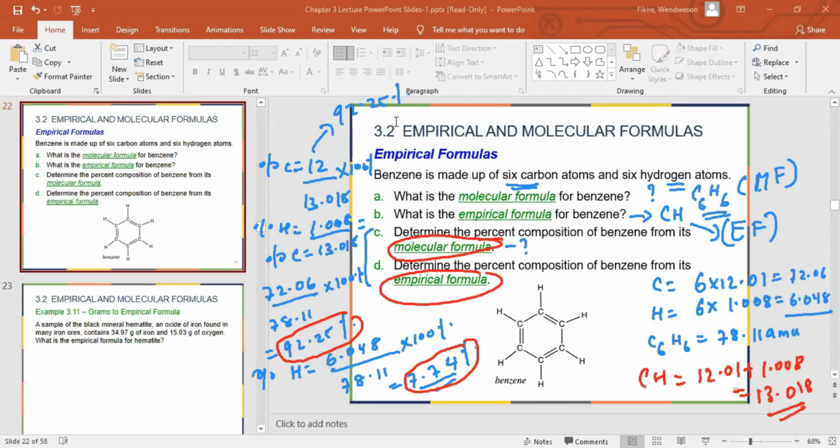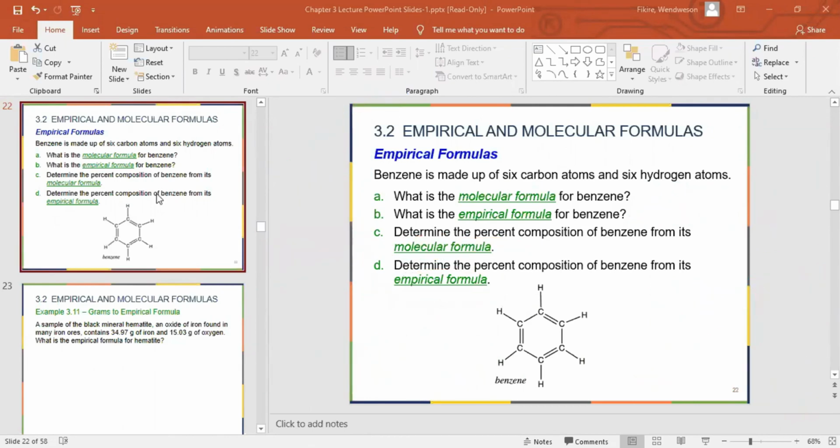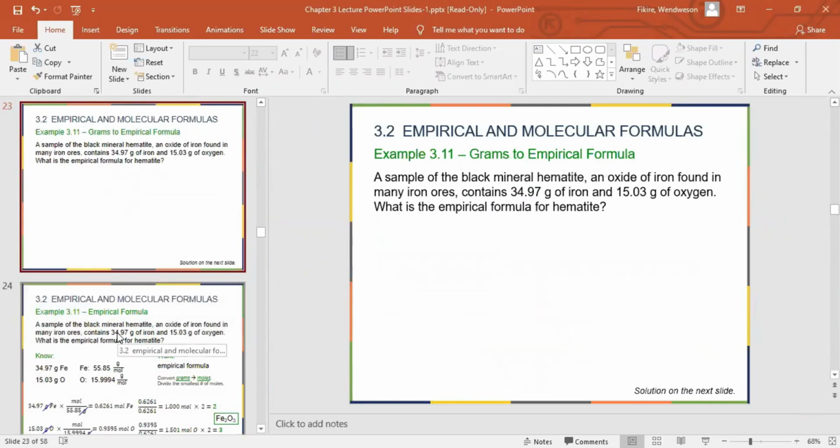Good. Okay. Now let's go back to how we can determine the empirical formula by using quantitative analysis. Let's see, we have here an example.